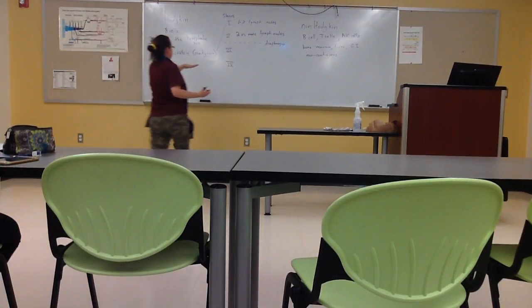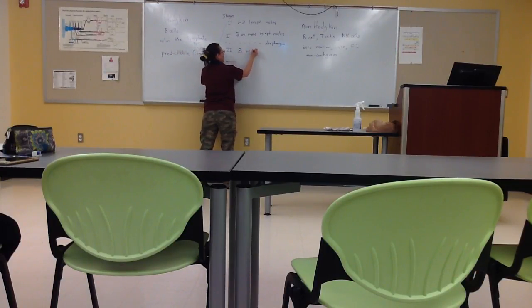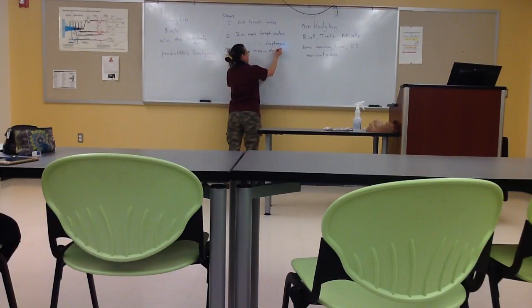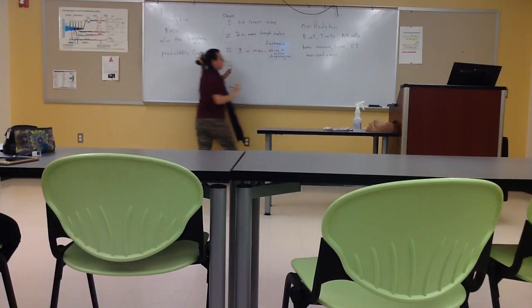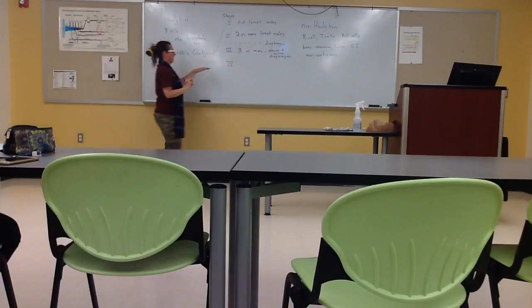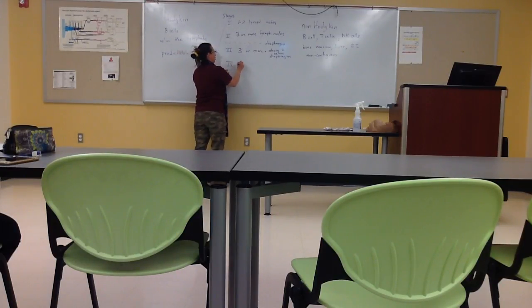Then as Hodgkin progresses, you're going to see in stage 3 that you have 3 or more, and the key here is above and below the diaphragm. All right? And then the 4th one is actually where you're going to start to see these tumors.